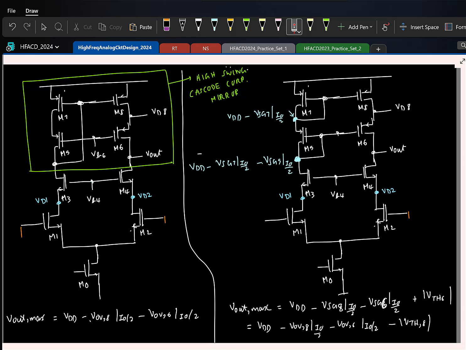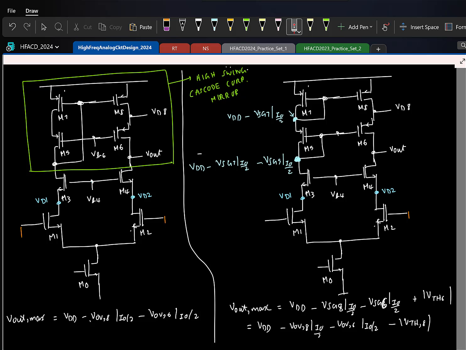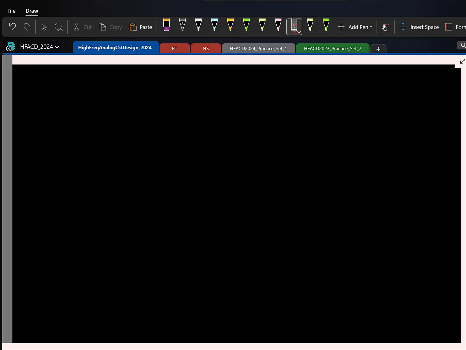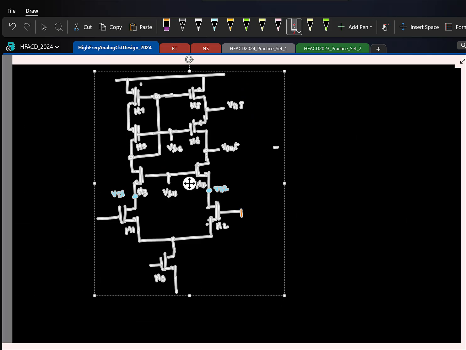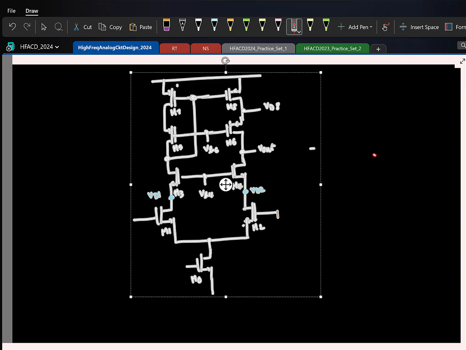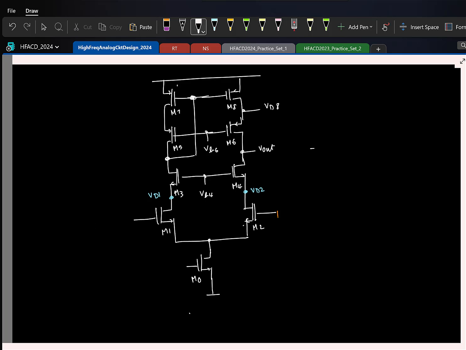Okay. Cool. So, one minor thing. Let's continue. So here we know everything. We just need to figure out how to generate these bias voltages. That's the last part. I'll show how we can do it for VB6. One way in which you can generate VB6, a similar technique you can adopt for VB4.